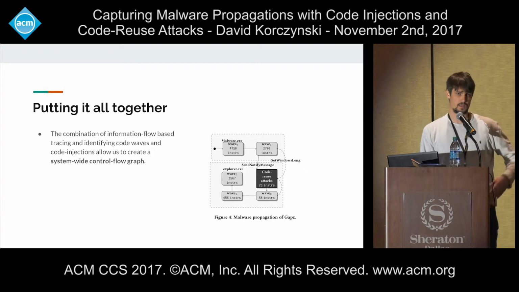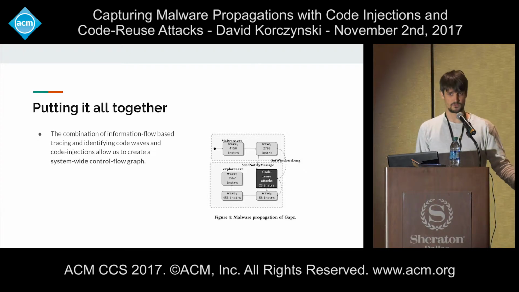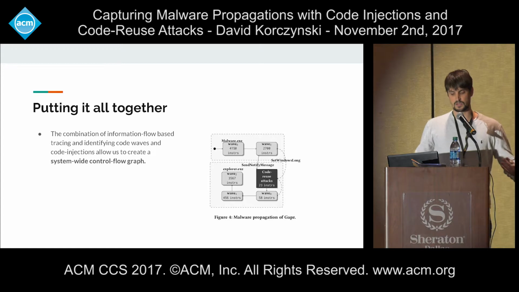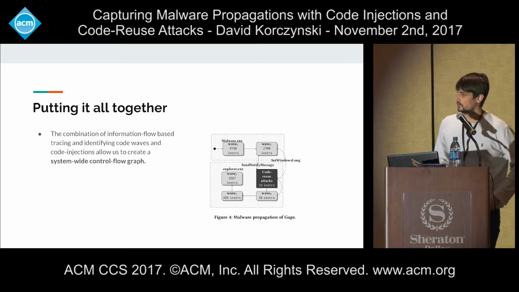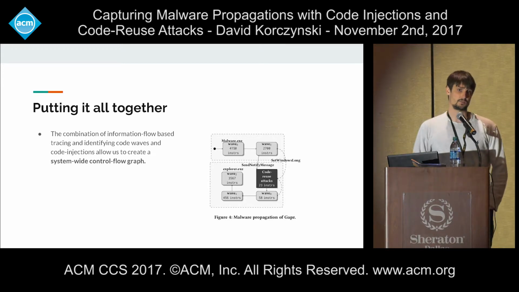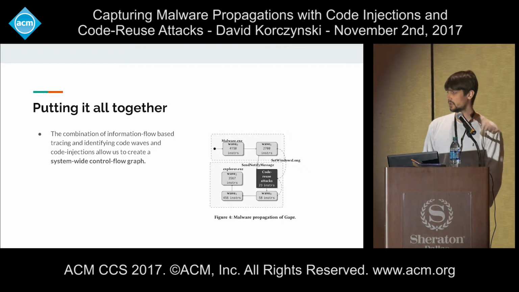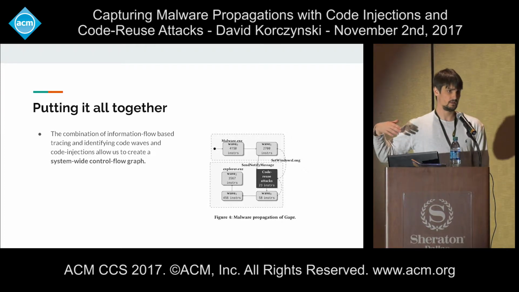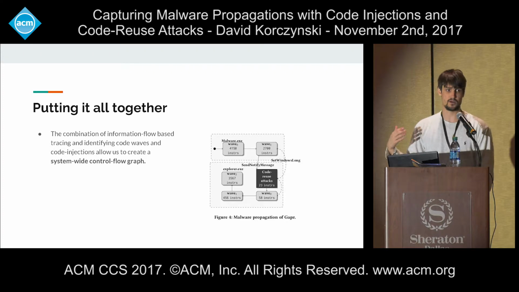Putting it all together, our information flow-based tracing, our ability to identify code injections, and our ability to identify dynamically generated code, we get what we call a system-wide control flow graph. And what you see on the right is produced by our tool Tartarus. It very clearly shows that the malware first decrypts itself with one wave.